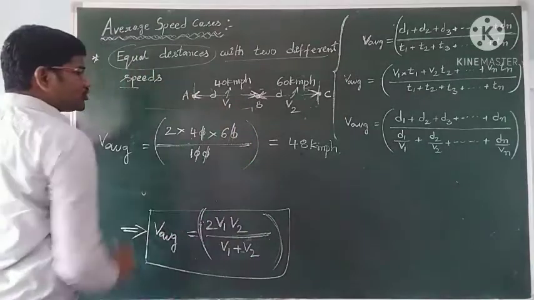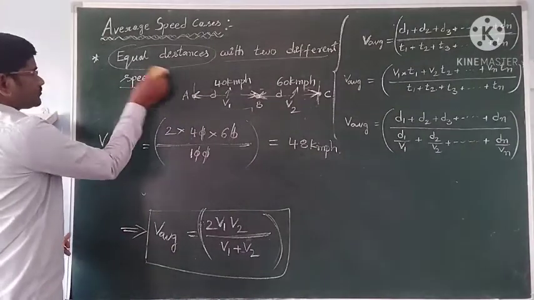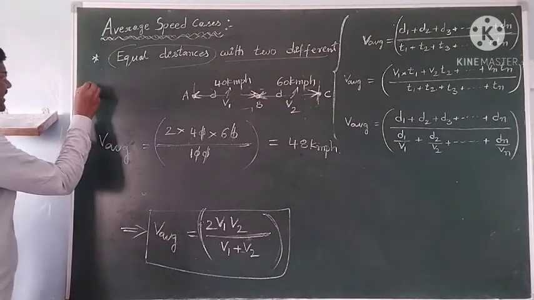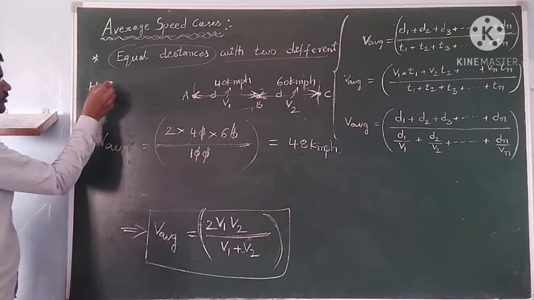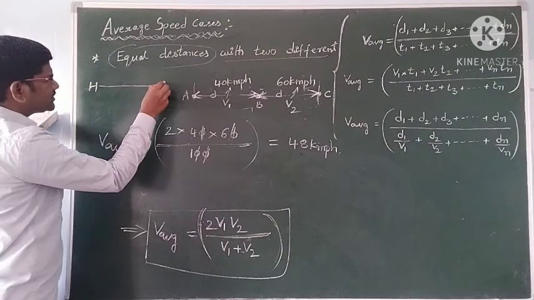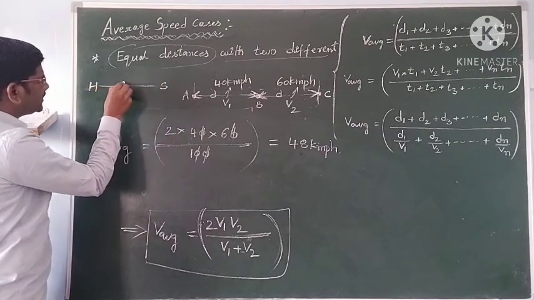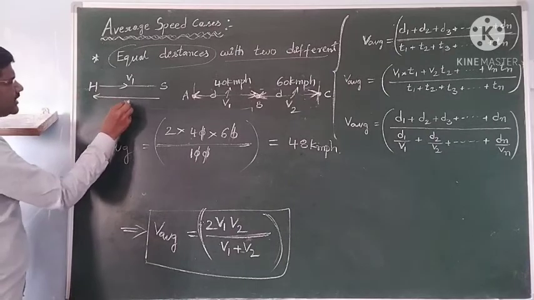Otherwise the same question will be given like this also. See, a boy started at home to school. He maintained some speed V1, and from school to home he maintained a speed V2.